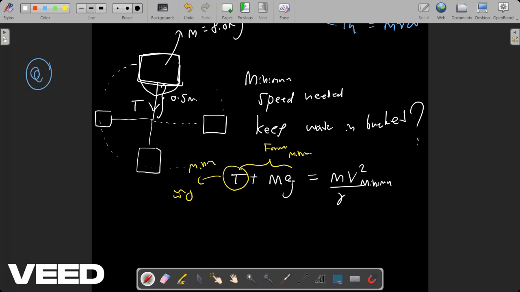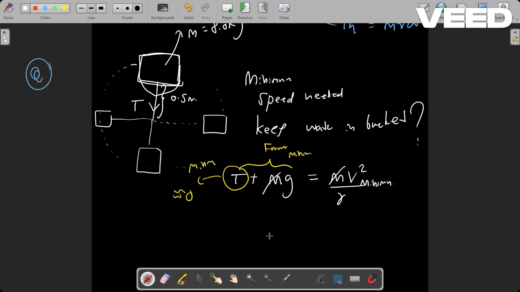There's no tension, m10 will get cancelled off, right? Then we have only v squared, v equals square root of r g. So you can take any value you like for g.